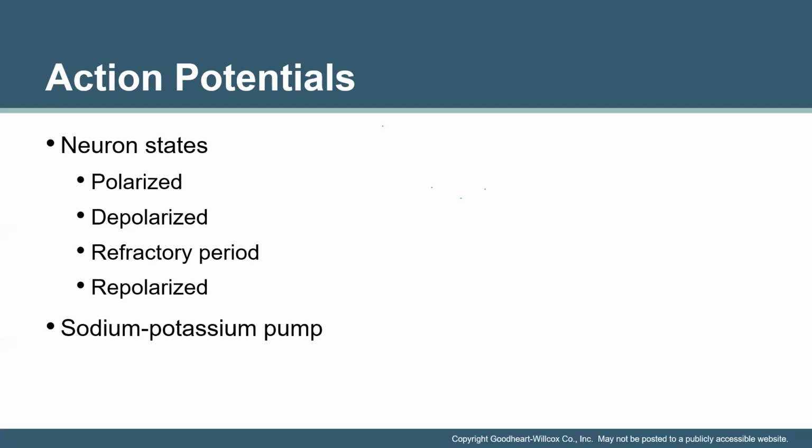And the ability to convert the stimulus into a nerve impulse. They have the ability of conductivity, meaning they can transmit it or send it to the next guy down the line.